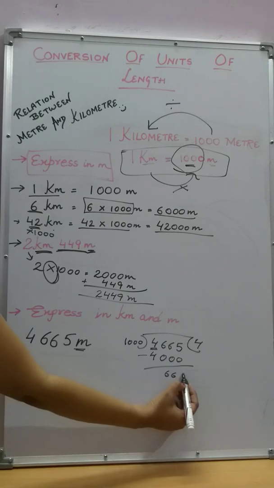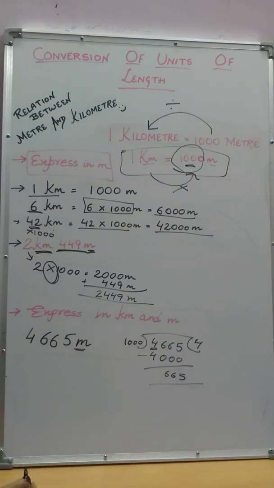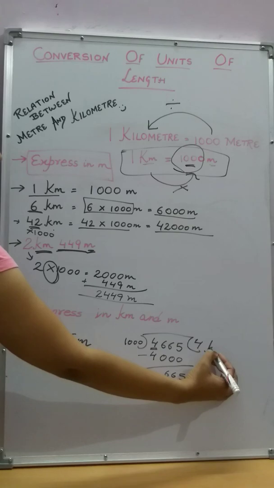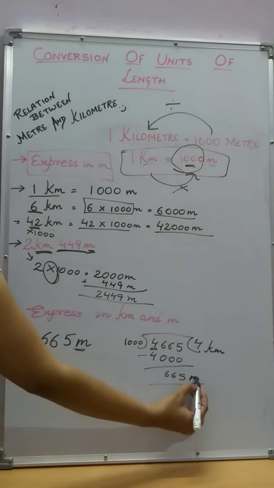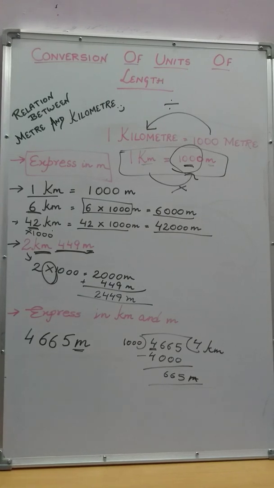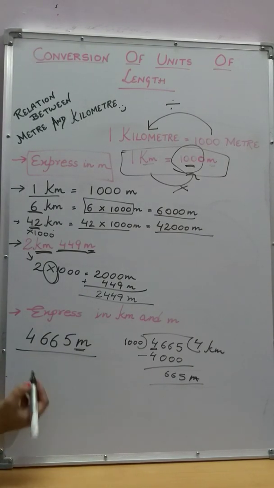So 665 is our remainder. This is 4 kilometer and 665 meter.